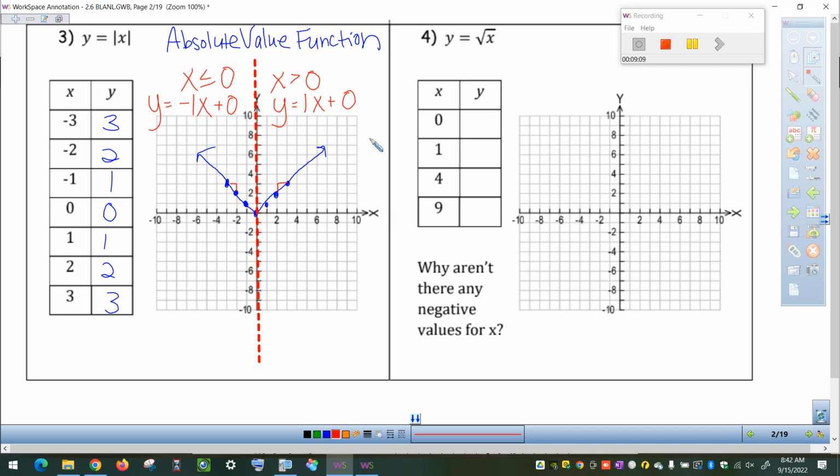So that's actually another way that we could write the equation for an absolute value function. If we did it in the form of a piecewise, it would look like this. So it's equal to -x for x values less than 0. Otherwise, it's equal to positive x for x values greater than 0.